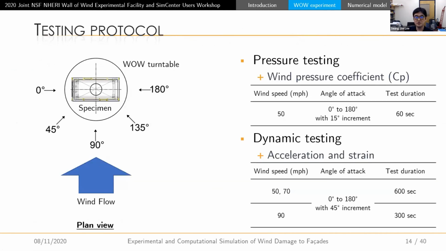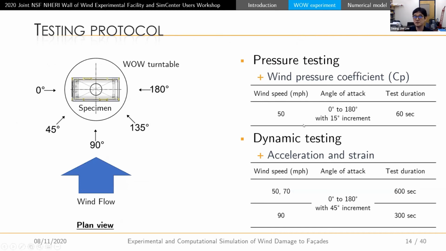The specimen is located on the Wall of Wind turntable, and we measured the pressure coefficient, Cp, and also dynamic responses while we rotated the turntable to see the directional effect of the wind flow. Here, 90 degrees indicates wind flow normal to the glass panel.